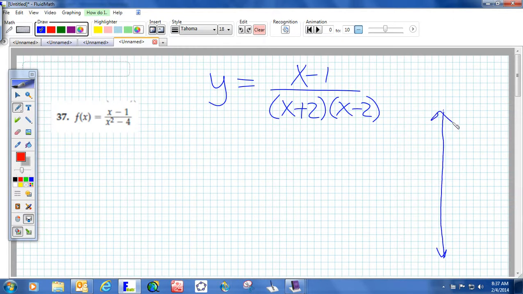Might as well. It'll be so fun. Okay, at 2 and at negative 2, I expect to see some funny asymptotic behavior. By the way, asymptotes have the dashed lines, they have arrows on them just like any other line.